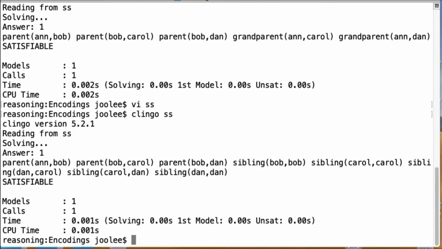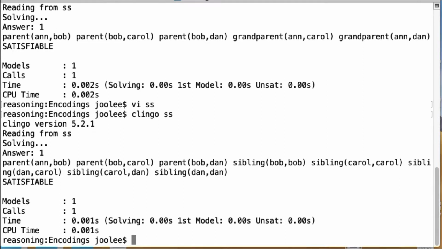What happened? Can you read what is there? What is wrong? So here, Bob is a sibling of Bob.